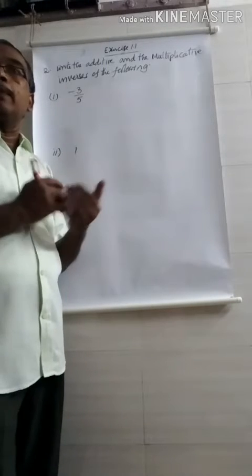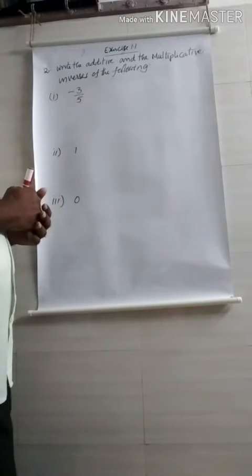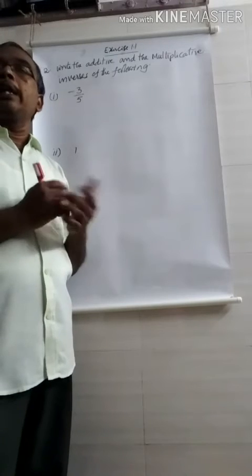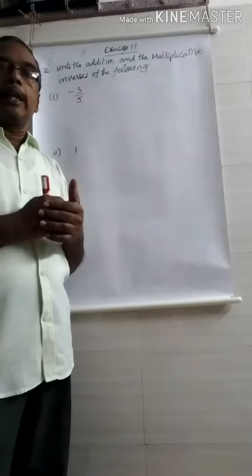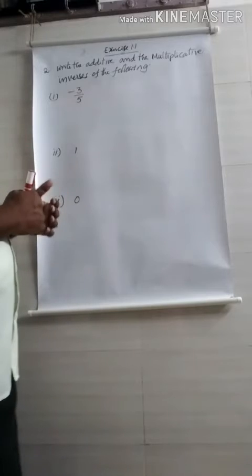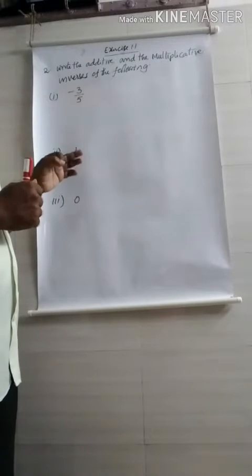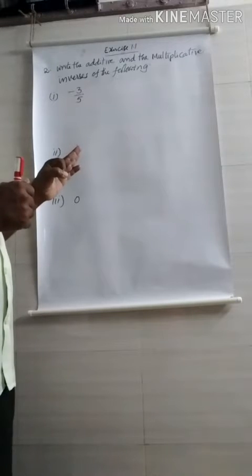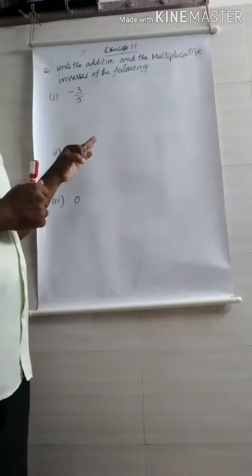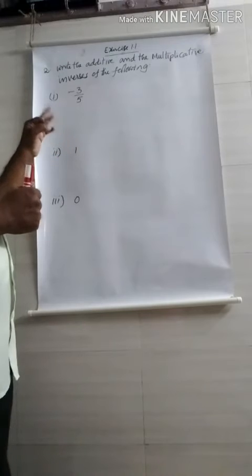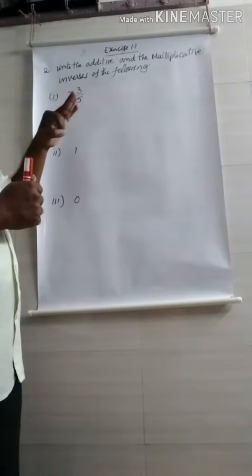What we know as per the rule of the inverse property, additive inverse or multiplicative inverse property, is that if we add one integer and you get the same integer, then it is called additive identity.